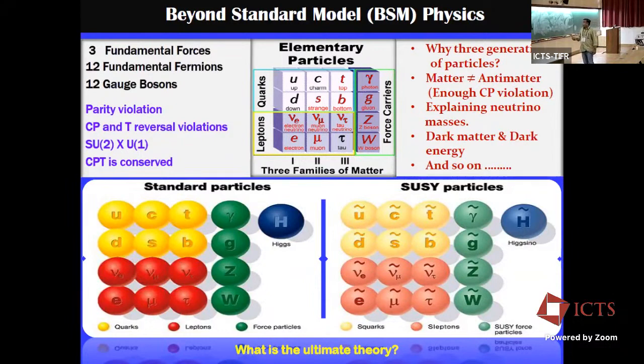What it predicts is that for the number of particles you have in the standard model, you will have the same number of particles, like a mirror reflection of that. Wherever you have fermions here, the corresponding particles will be bosons and so on. Now if you consider this kind of model, it will introduce more intermediate particles and more types of interactions among the particles.